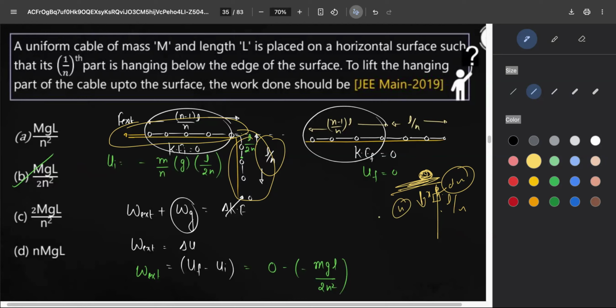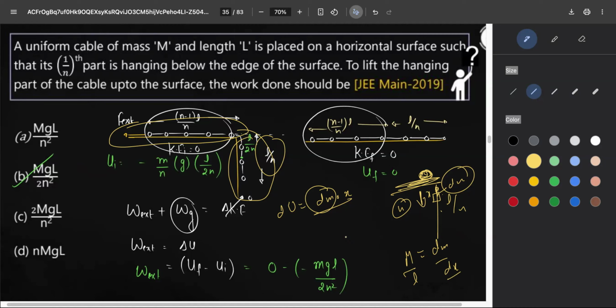Minus h, because this direction is negative for me. So the potential energy of dx is dm times x. What is dm? A very small mass of the total length, right? The total mass of the object was m, so m by L equals dm by dx. Can I say this? Yes, sir.